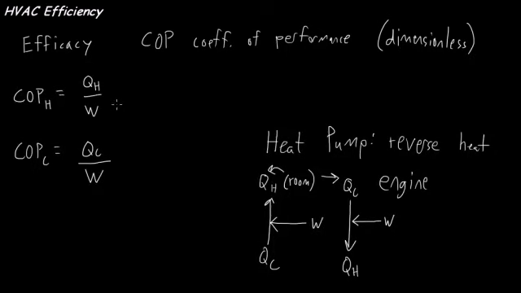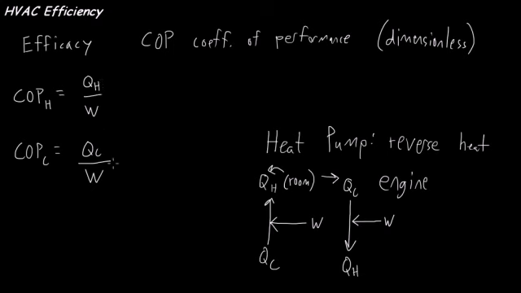The reason I make a distinction between the COPs and regular efficiency is because these numbers can be larger than 1, larger than 100%. In a heat engine case, that's not possible because you always lose something in that transformation of energy. But here we're not transforming energy from one form to another. We're basically moving the energy. So we're moving heat from the room to the outside, or in this case, into the room from the outside.